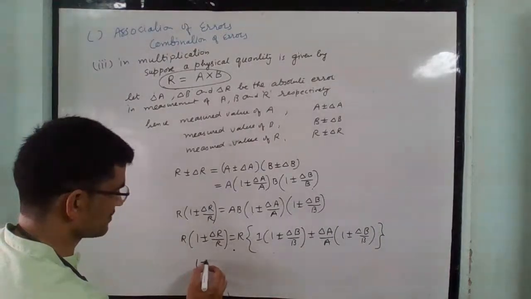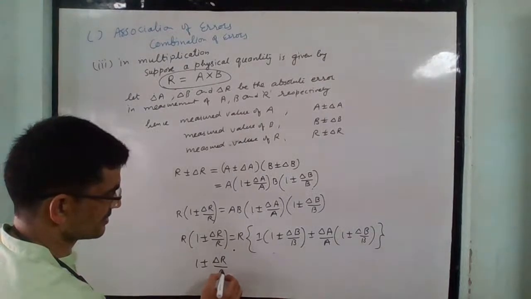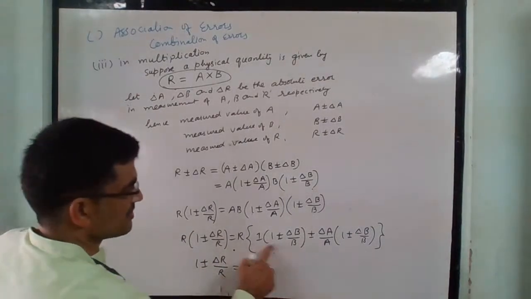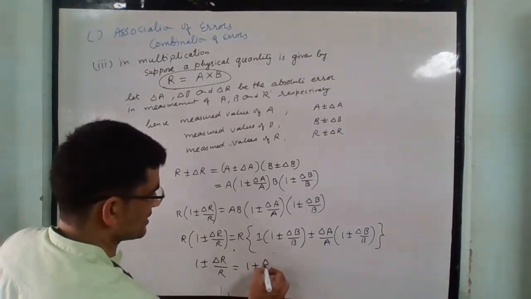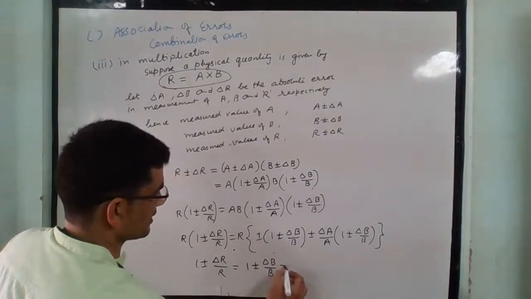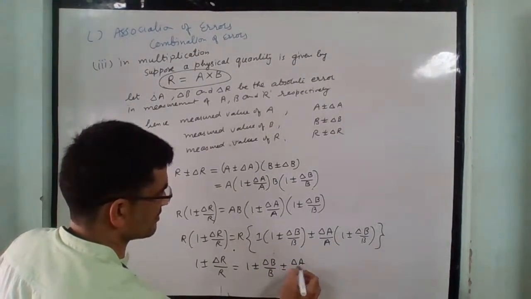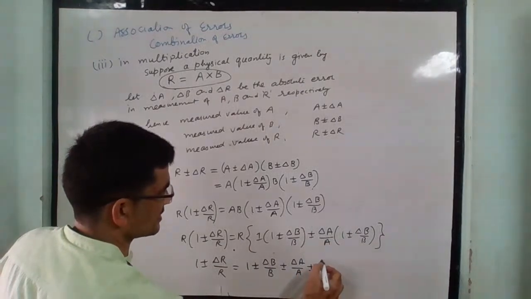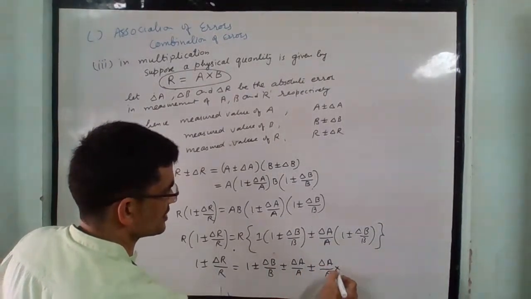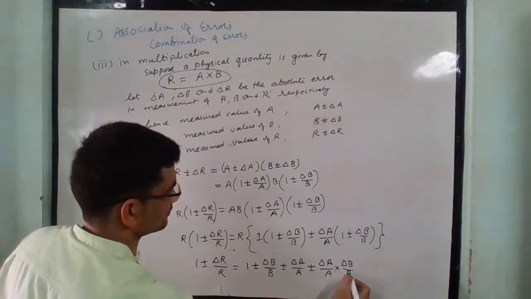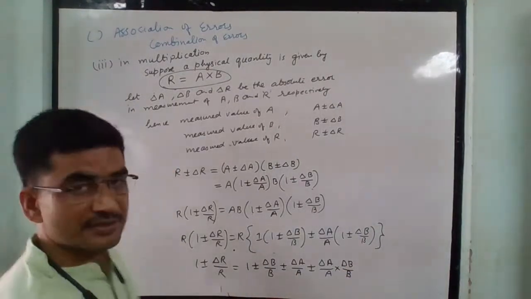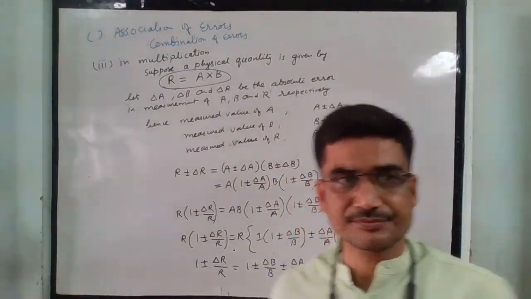R we can cancel. So we have this. And here when you multiply this, you will get 1 plus minus delta B by B, here plus minus delta A by A and plus minus delta A by A into delta B by B. Correct? So we will get this result here.